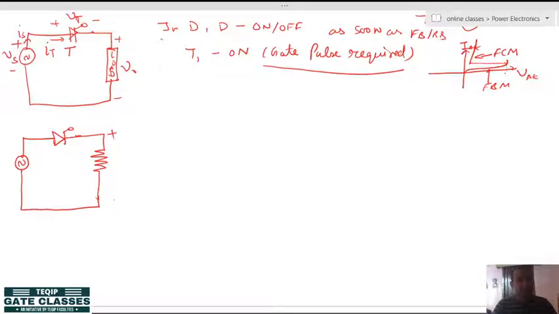So this is the output voltage for the resistive load, this is the load current, this is the thyristor voltage, thyristor current, and this is my source voltage and source current. Now let's start drawing its waveforms.